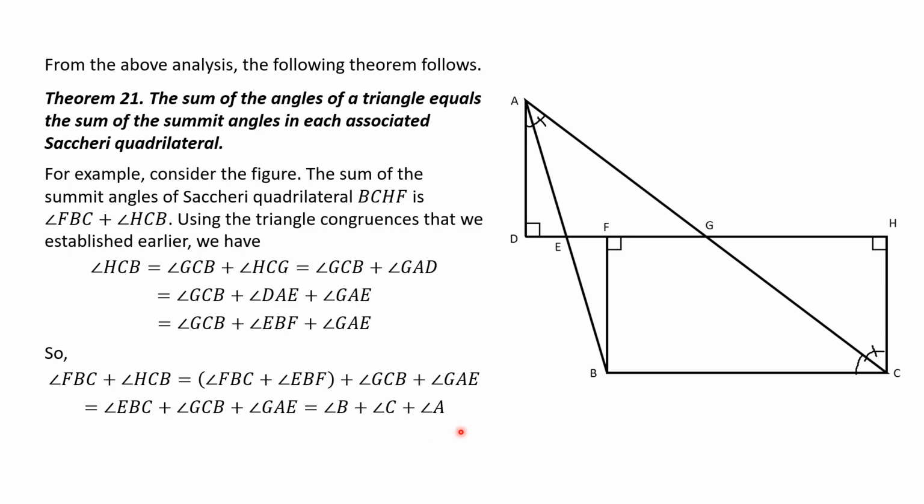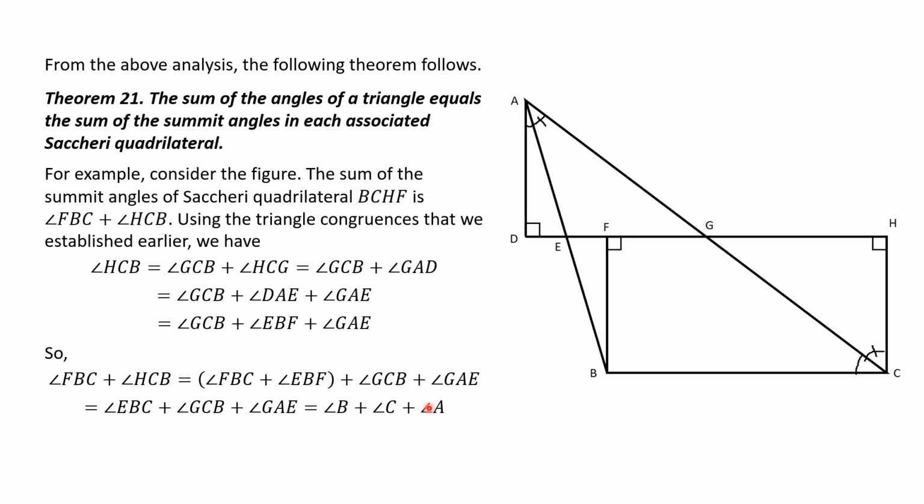Okay, and then these two angles added together are EBC. But what is EBC? That's the angle at B. And then GCB, just carrying this over, is the angle within the triangle at C. It's this angle right here at C. And then GAE, that's the angle associated with the vertex A of the triangle.